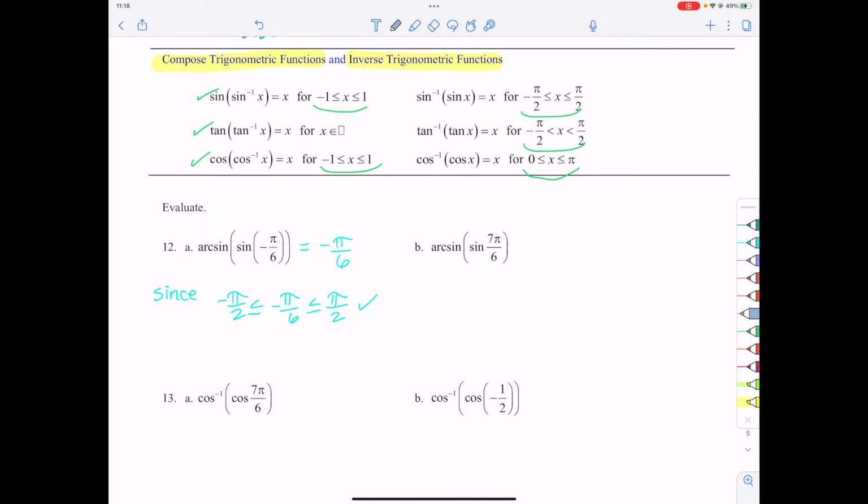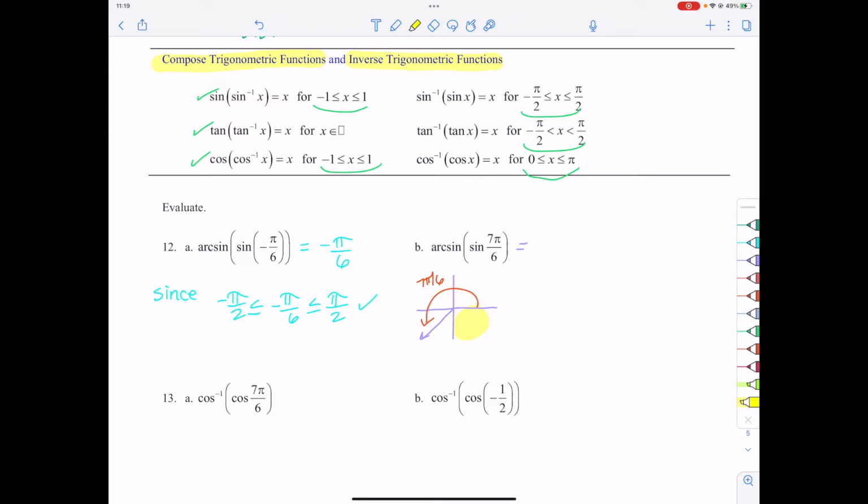Okay, now let's look at B, where we have to make a slight adjustment here. So this is going to be equal to, we're going to have to rewrite this first. So let me just draw a little graph. And 7pi/6 is right here, okay? We're going to have to rewrite this because we need an angle somewhere in here.